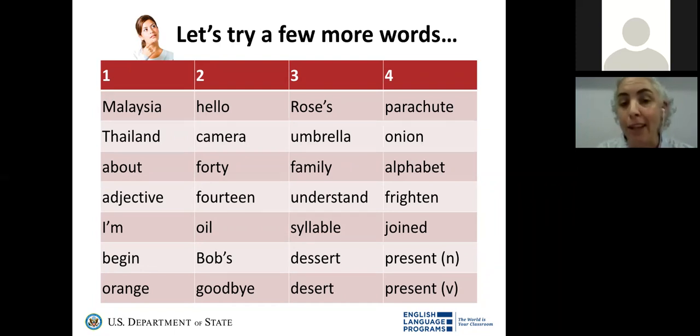So the way I clap 14 is the opposite from 40. 14, correct. If I clap it the other way, I can tell that doesn't sound right. 40, stress on the first syllable. 14, stress on the second syllable.